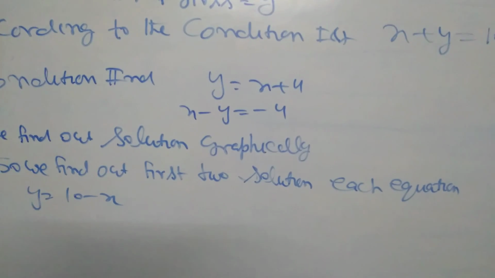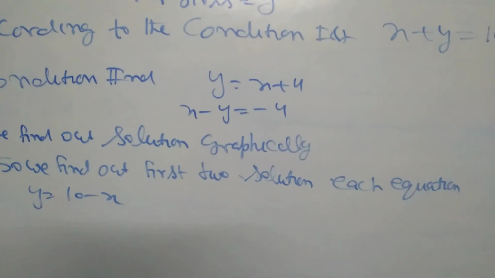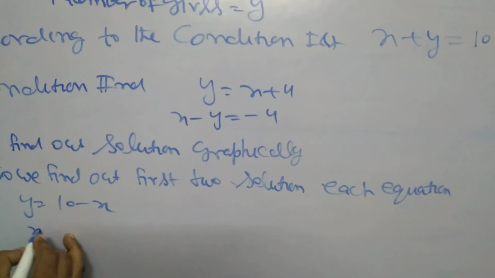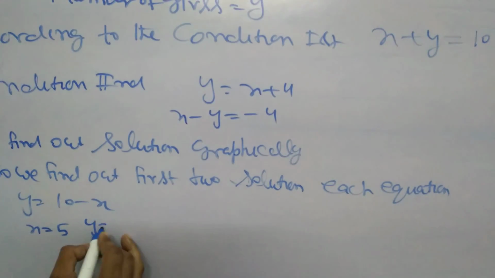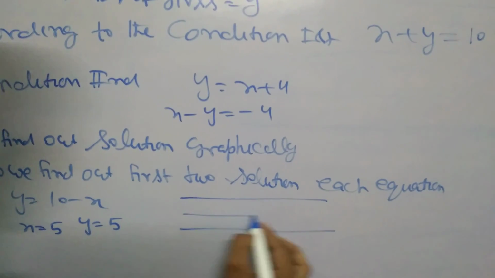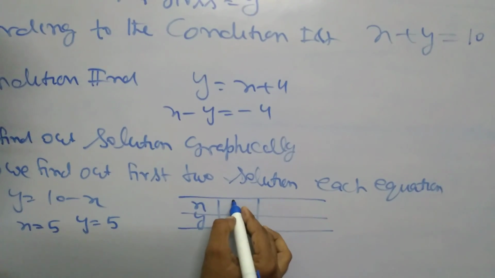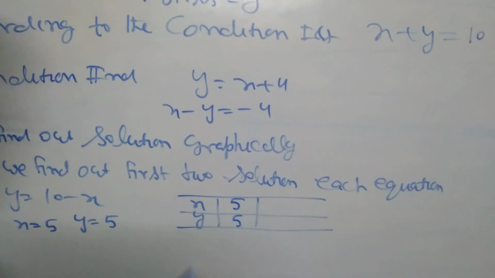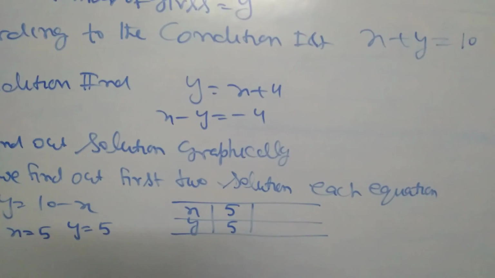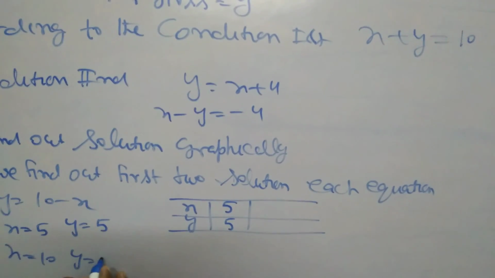This is the value of y in the form of x. Now put x equal to 5, y equal to 5. x equal to 5, y equal to 5. Now put x equal to 10, y equal to 0.